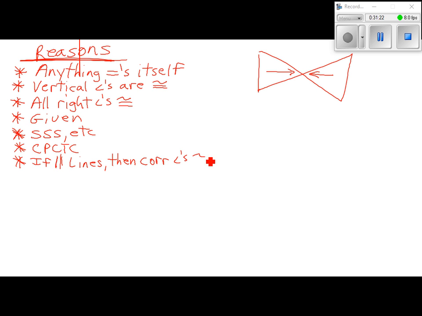They're congruent, equal to each other. What's another one that goes right along with that? If you have parallel lines, then alternate interior angles are congruent.